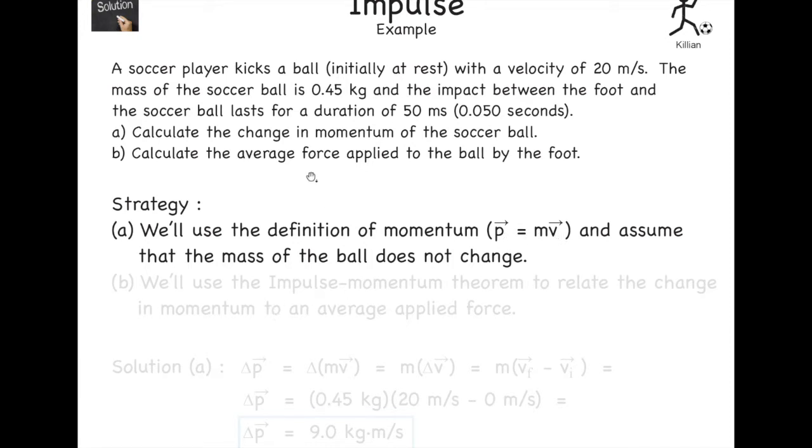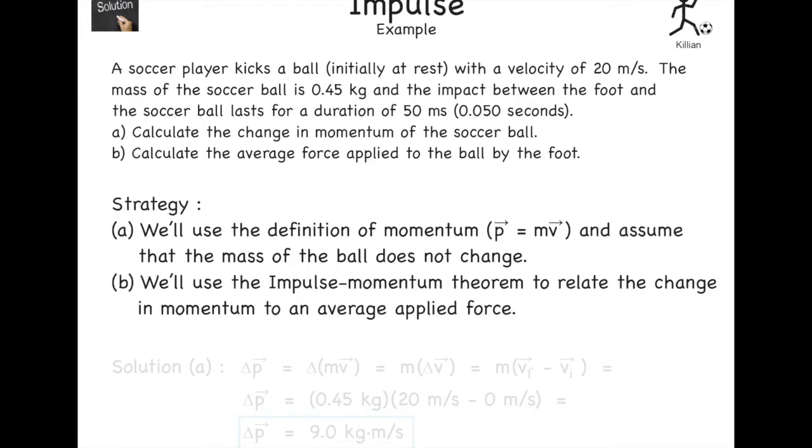For the second part, where we're asked about the average force applied, we now need a relationship between force and momentum, because we've just calculated the change in momentum and we would like to know the force applied. That gets us back to either Newton's second law in terms of momentum, or the inverse of that, the impulse-momentum theorem, where the impulse, which is a change in momentum, is related to the force applied over a certain amount of time.